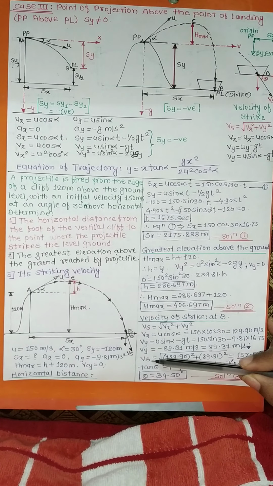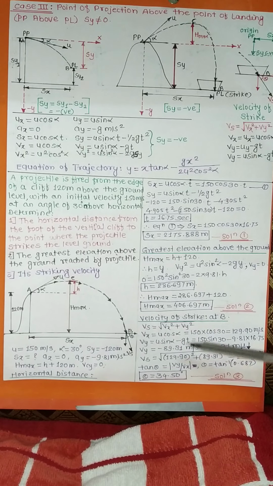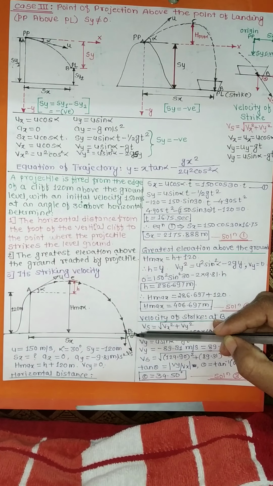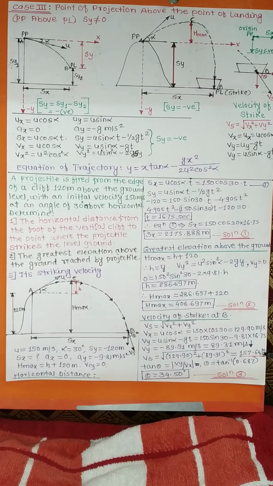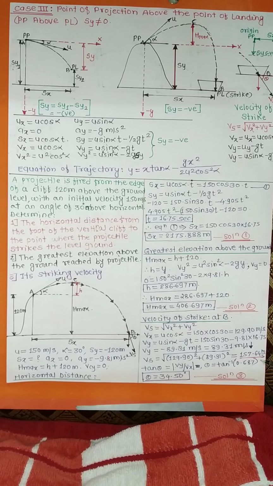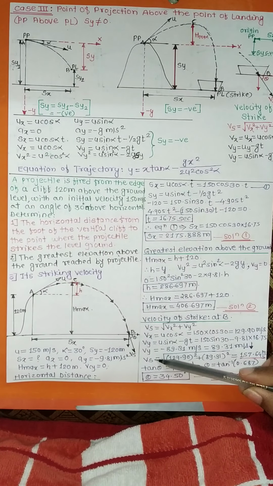Now, Vs equals under root of 129.90 square plus 89.31 square, and the answer is 157.64 meter per second for the striking velocity.